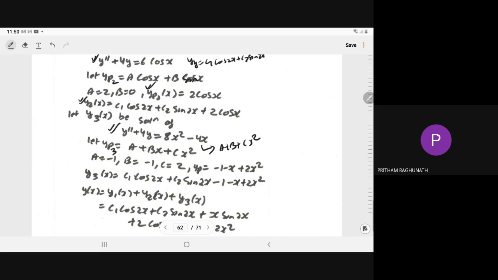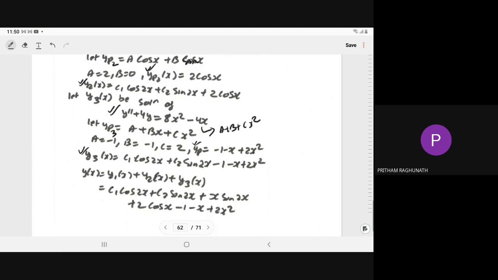You compute yp3', yp3'', and put them in the given equation. You will get the values of a, b, c as -1, -1, 2. So yp will come -1 - x + 2x². So y3 will come c1 cos 2x + c2 sin 2x - 1 - x + 2x².